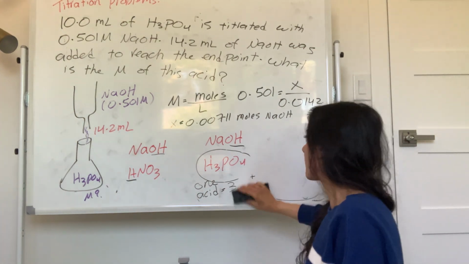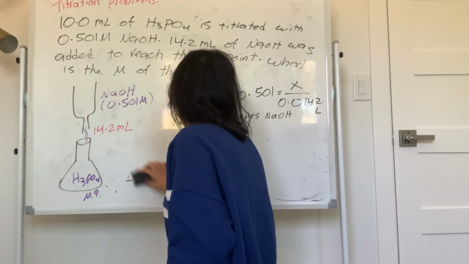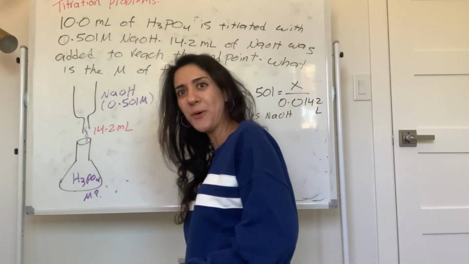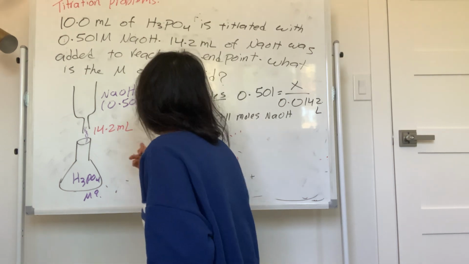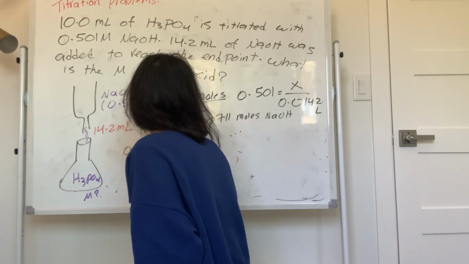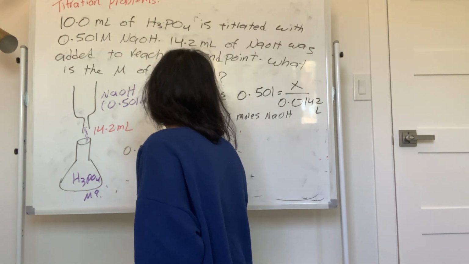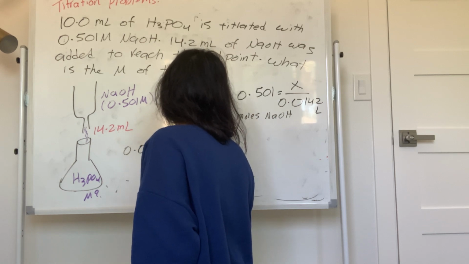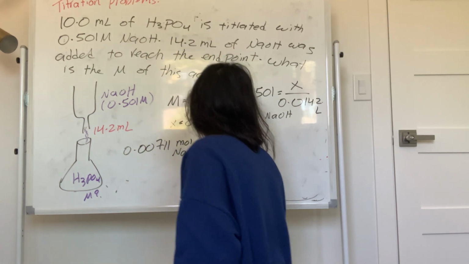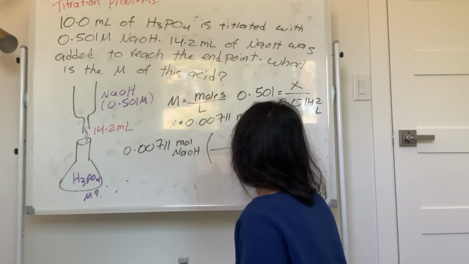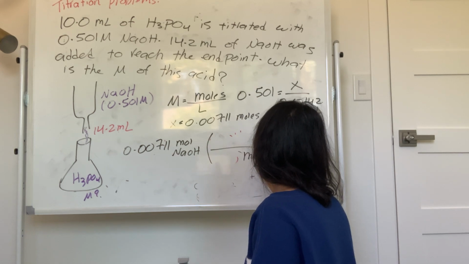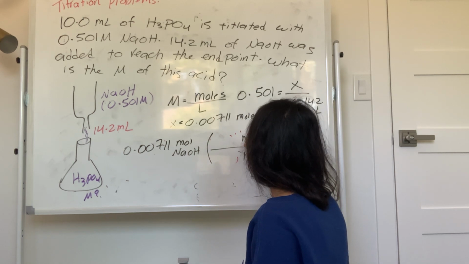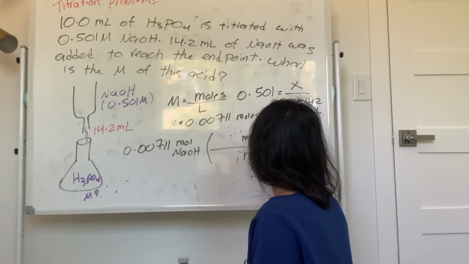So what does this mean? This means that I have to do a mole ratio. I have 0.00711 moles of NaOH, but I don't want moles of NaOH. What I want is moles of phosphoric acid.